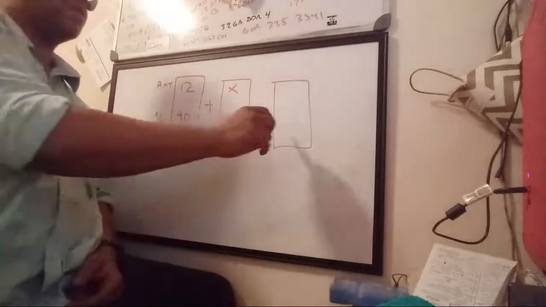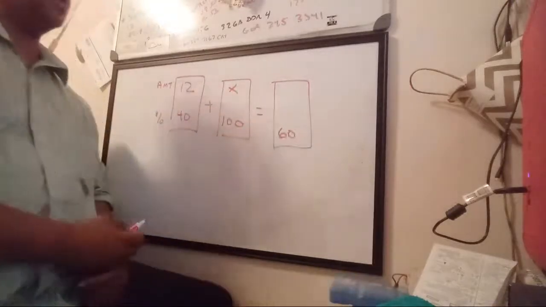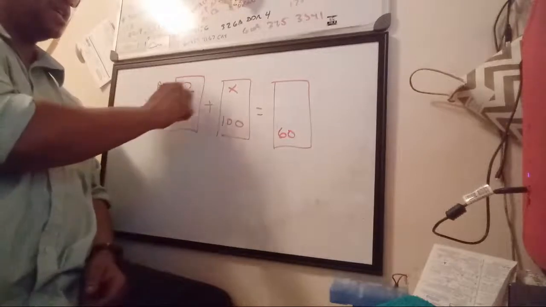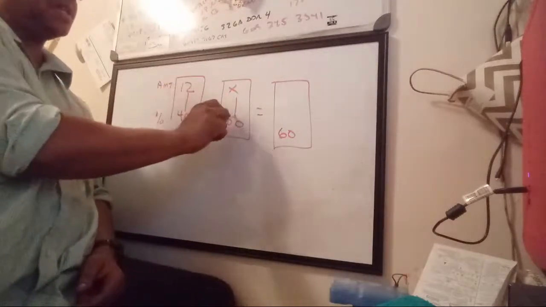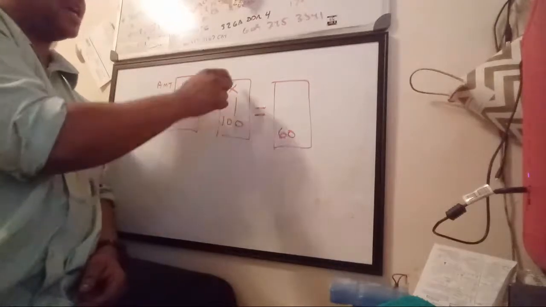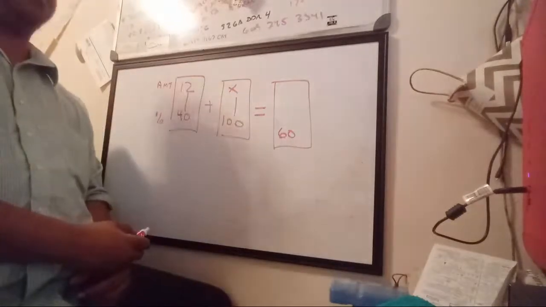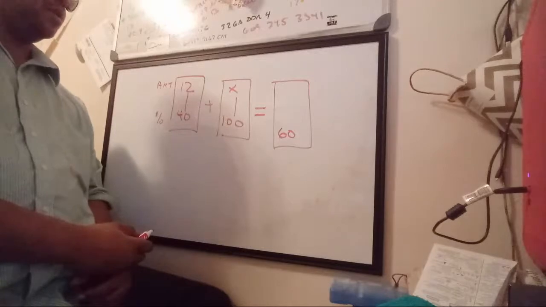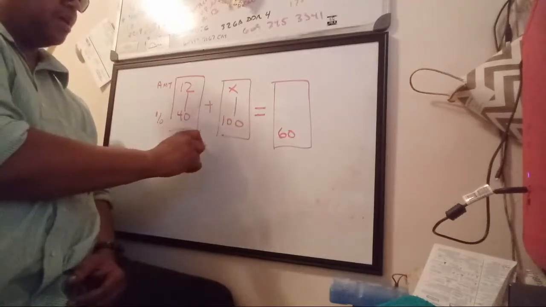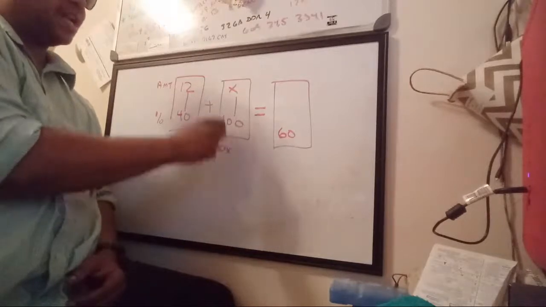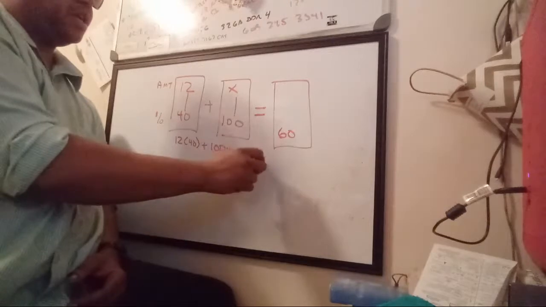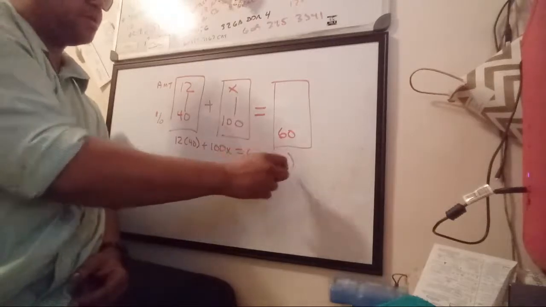What we want is a 60% solution. So it'll be this times this plus this times this, equal sign, 60 times the sum of the two containers. So it'll be 12 times 40 plus 100x, equaling 60 times 12 plus x.